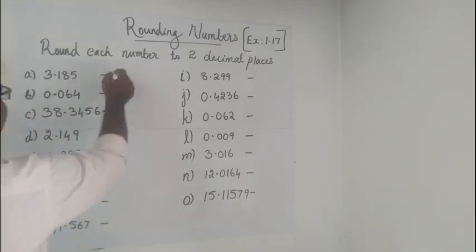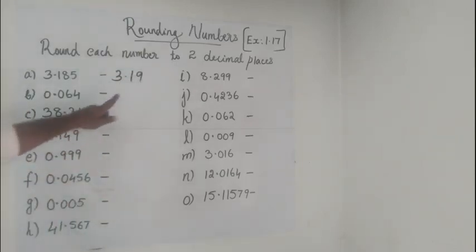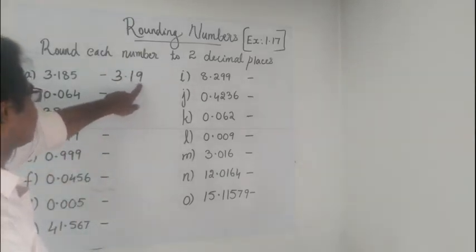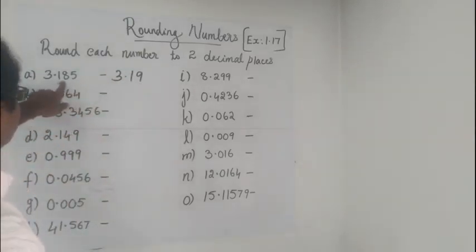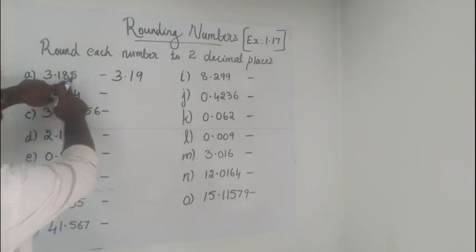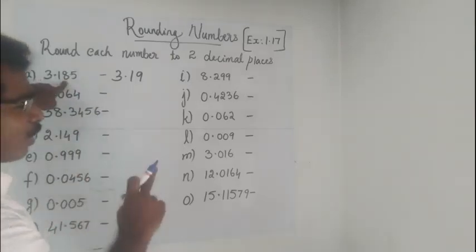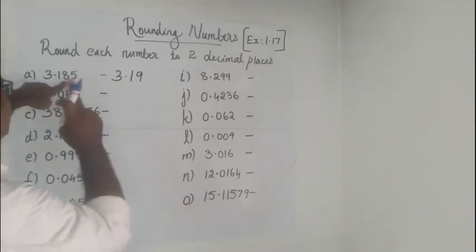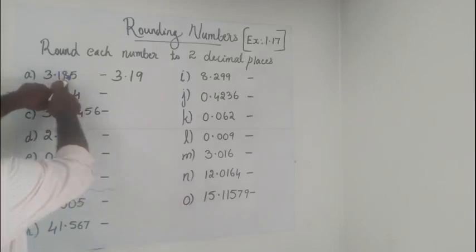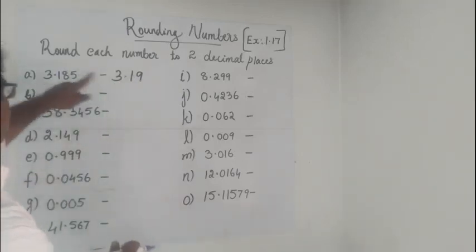So this will become 3.19. How does it become 3.19? After the decimal we focus on the 2 digits; if the number after them is 5 or greater than 5, we have to add 1 to this number. So 3.19 is the answer for this question.